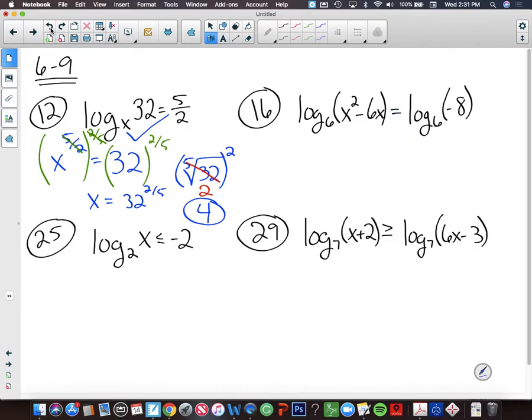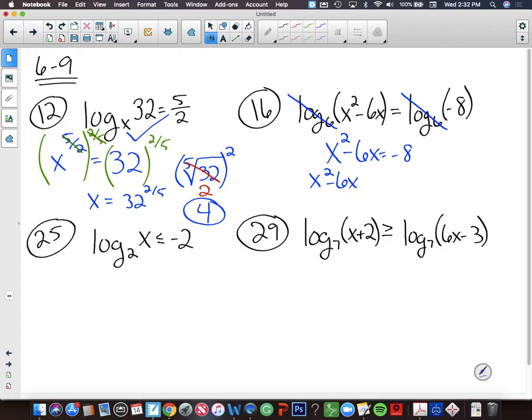First thing you have to recognize, same logarithms on both sides, so we can cancel them out. Then we get x squared minus 6x equals -8. Whenever we have an x squared and an x floating around in a problem, you want to put everything on the same side and factor.